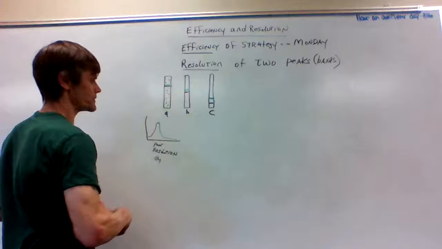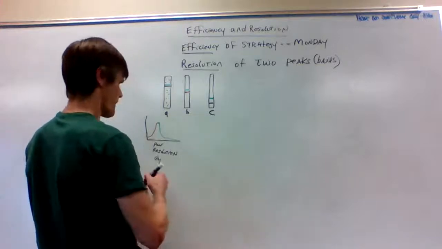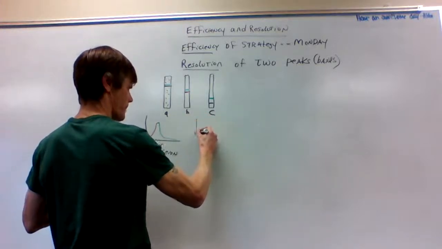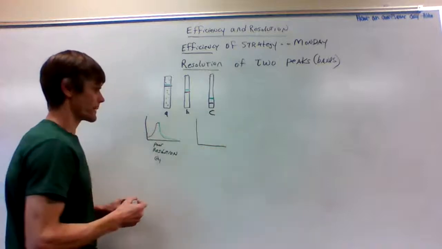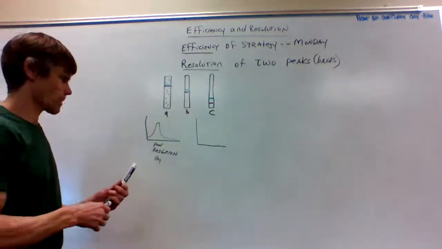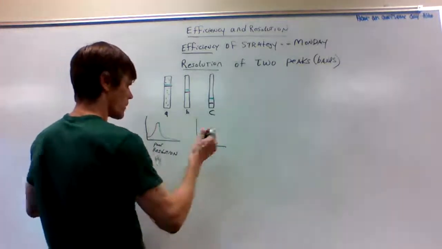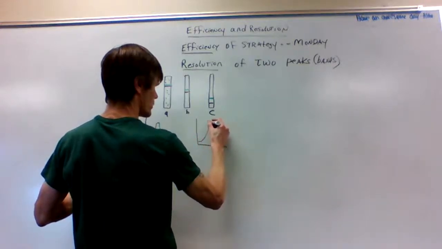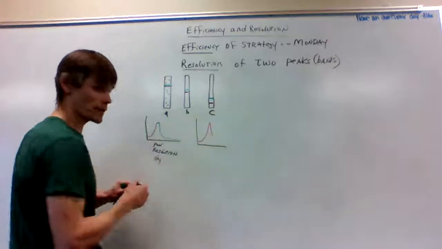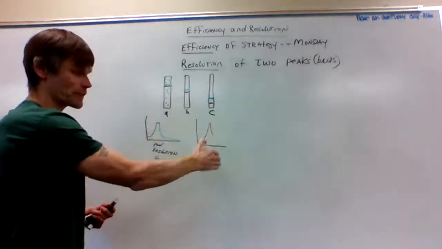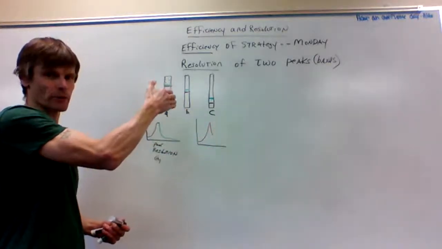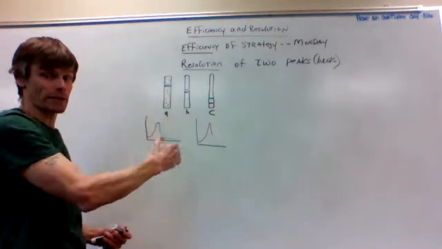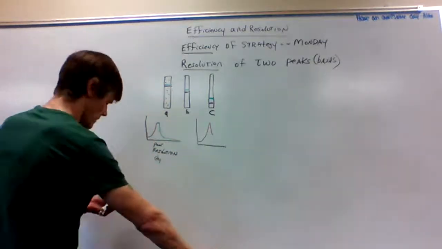So let's look at what happens here at B. The bands start to separate a little bit. So we have a band or a peak due to B, and it starts to come back to baseline. Notice when it comes back to baseline, that means our detector response is going back to 0. But guess what?